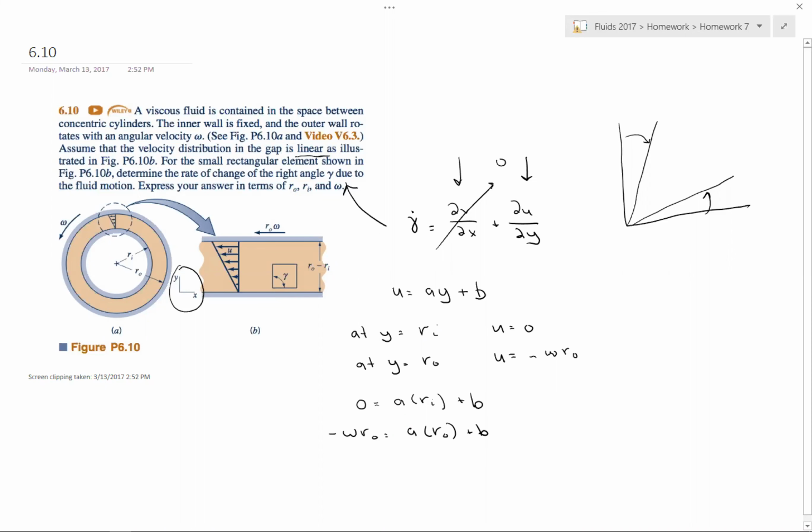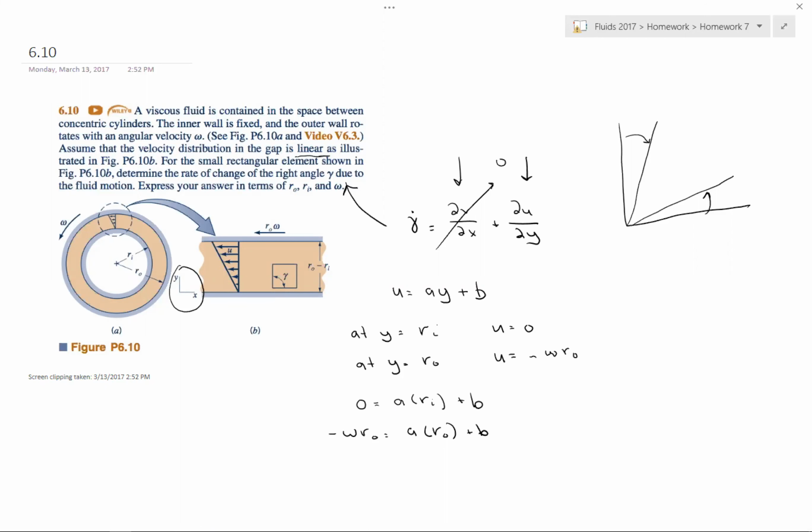You can do that, and I like that. So basically, you're saying that b equals minus a ri, b equals minus a r0 minus omega r0, and then you can set these equal to each other and we don't have to worry about b.